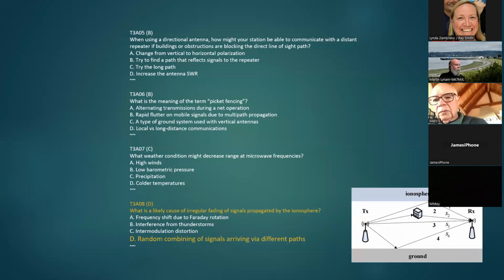But again, the answer is a random combination of signals arriving at the receiving station following various paths. And as the path length varies, there'll be a slight delay in time, and the signals will reinforce sometimes and sometimes cancel, and you'll have pretty dramatic fading.